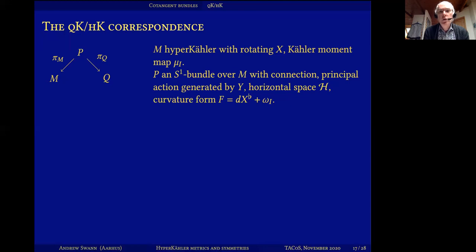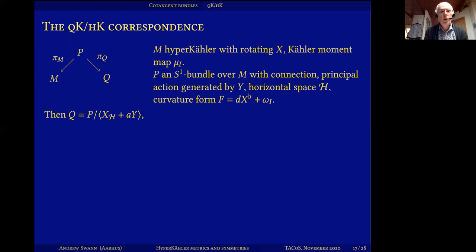I'm going to call H the horizontal space. And it turns out that we need this to have a particular curvature for what I want to do. So the curvature form should be the differential of the metric dual of X plus the Kähler form that X preserves.